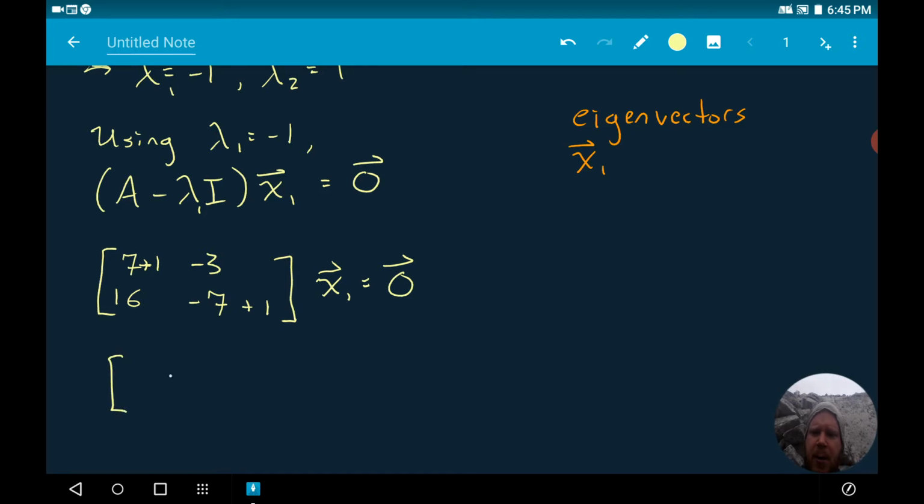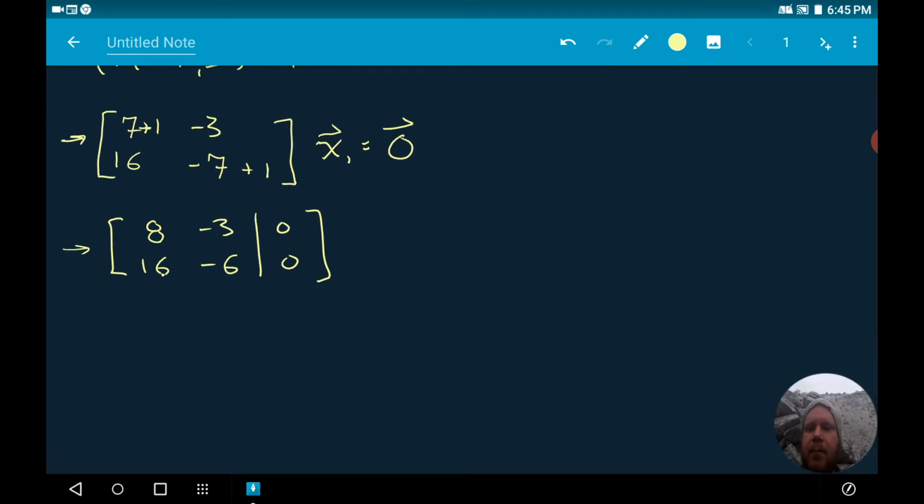So the augmented matrix that I'm going to be solving is going to be 8, 16, negative 3, negative 6. And that's going to be equal to 0, 0. I think I'll divide this one by 2, since it looks like it's going to be identical to this one up here.